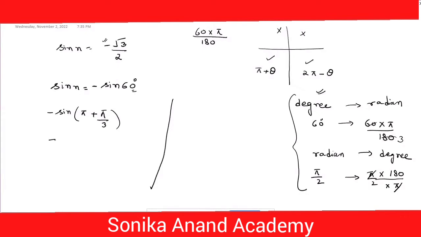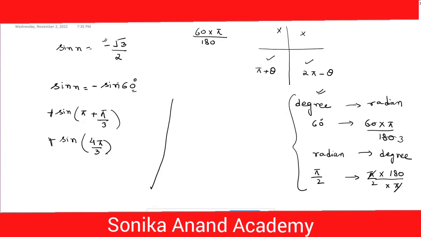So what's the value we get? It will be 4 pi by 3. And for here, it becomes positive.